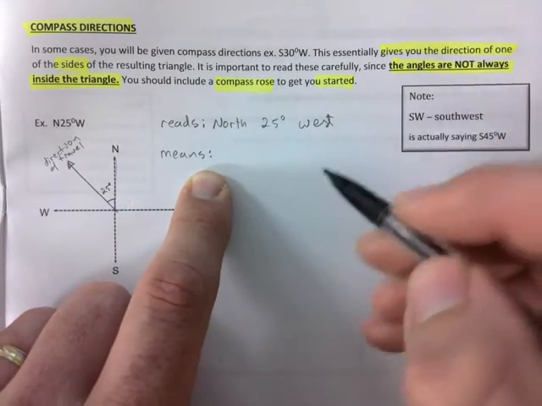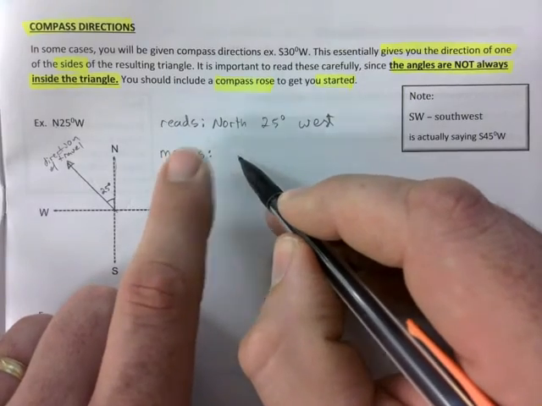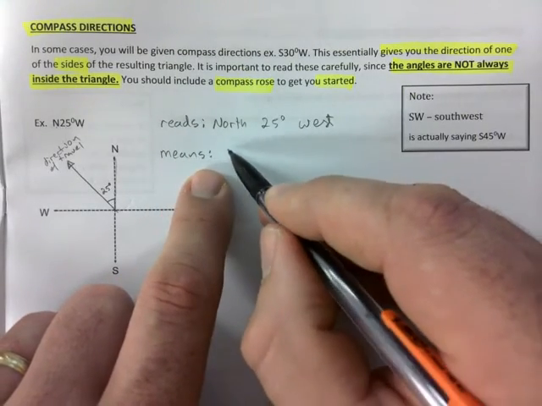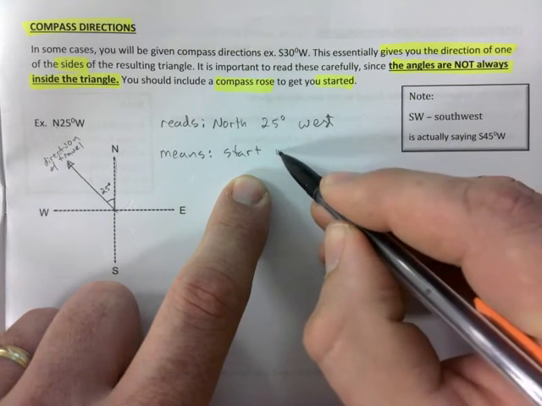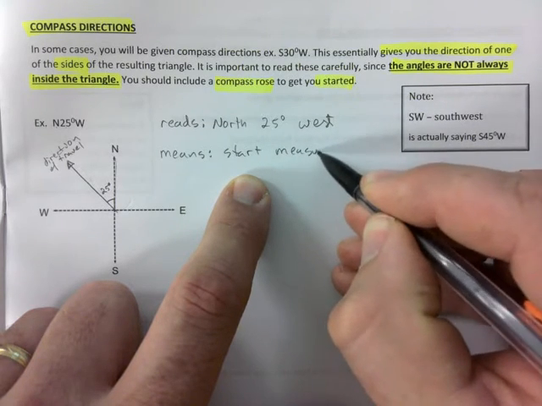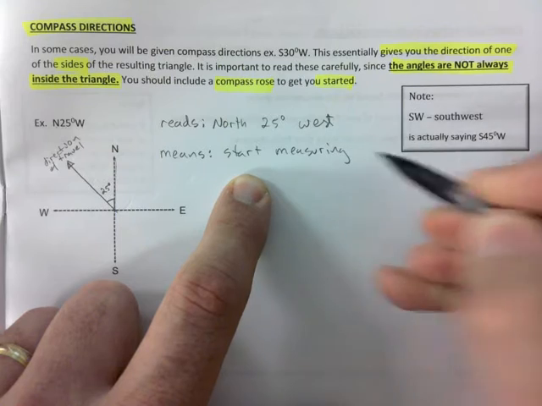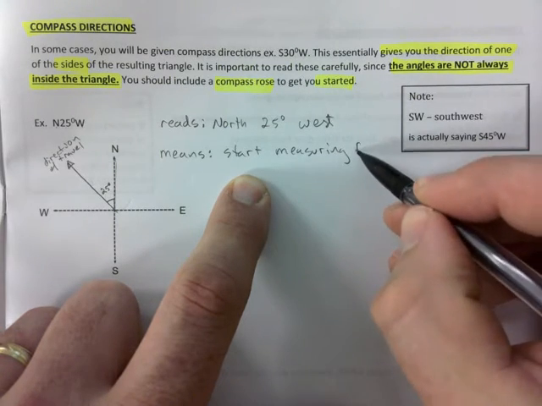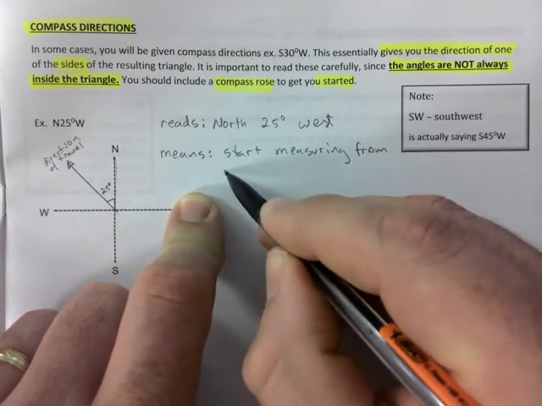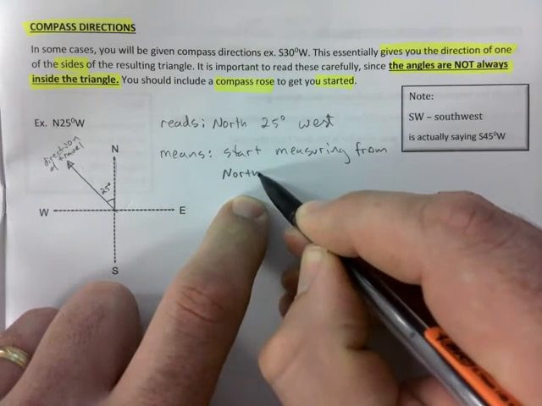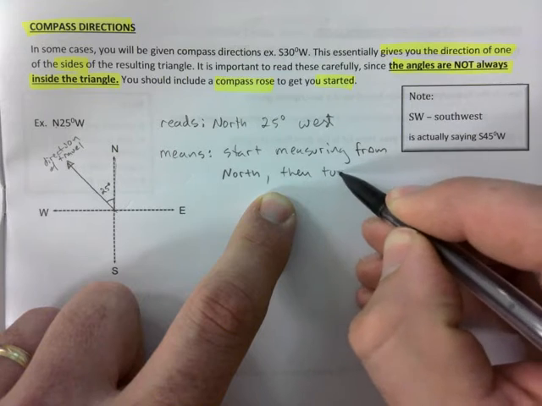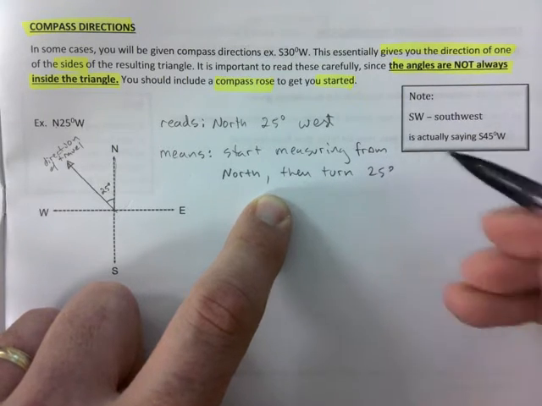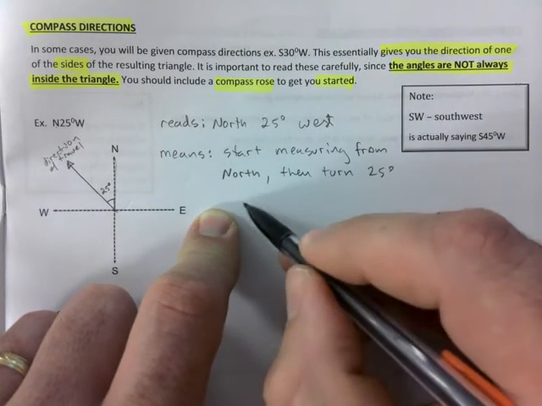It means this, and this is probably important if you look back at your notes: start measuring from north, then turn 25 degrees west.